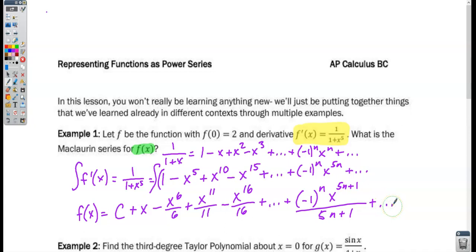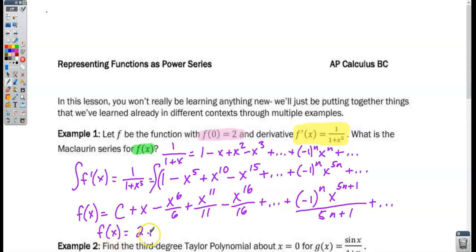Now, we've taken care of everything except for the constant, and we've got this initial condition that we see here, that f of 0 is equal to 2. When I put 0 into this function, all of these terms except for the constant drop out, and so the constant is just going to be 2.